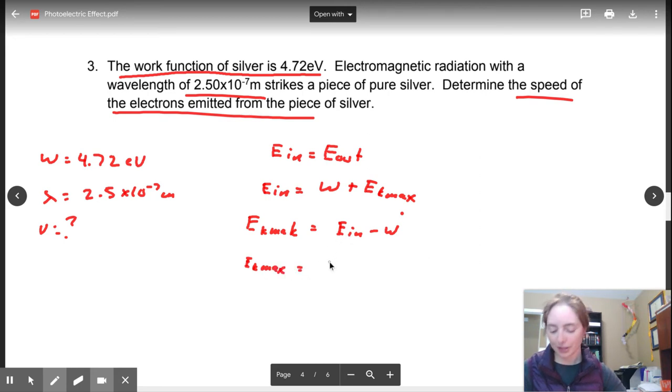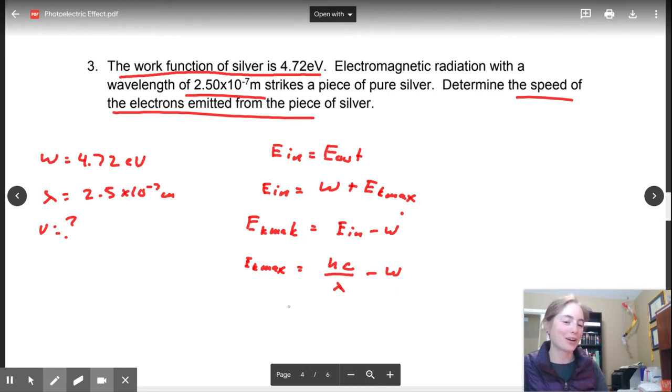So this guy is going to be hc over lambda minus work function. If you really wanted to, one possible way to do this would be to convert this guy into joules right now, and then have your 1/2 mv squared here, and then rearrange the equation in its entirety to isolate for your v.